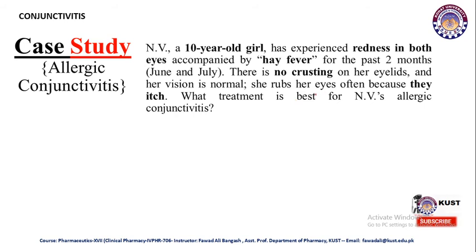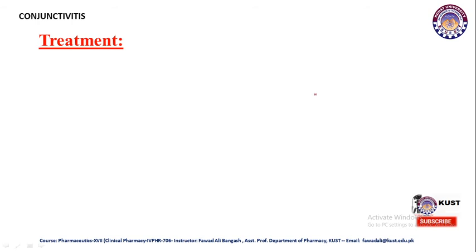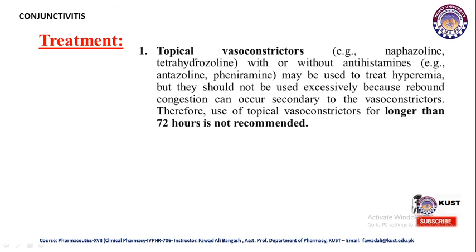This is allergic conjunctivitis. So in this case, the treatment is a topical vasoconstrictor, for example naphazoline, tetrahydrozoline with or without an antihistamine, for example antazoline, pheniramine, which may be used to treat the hyperemia, but they should not be used excessively because rebound congestion can occur secondary to the vasoconstrictor.